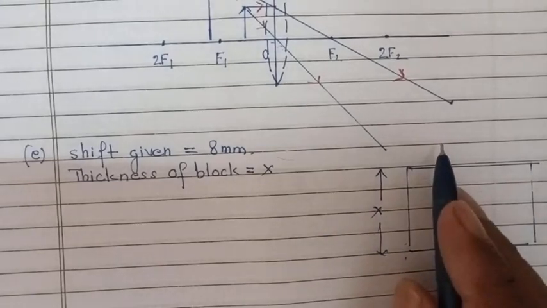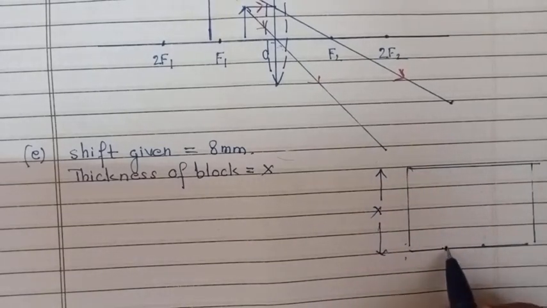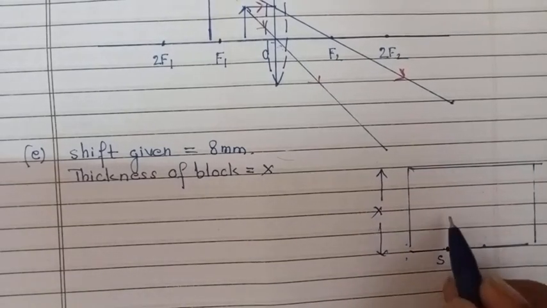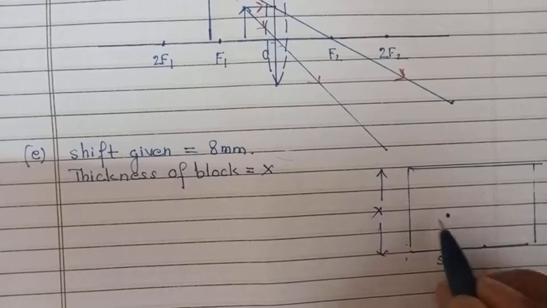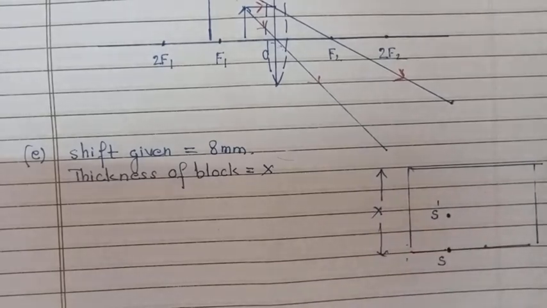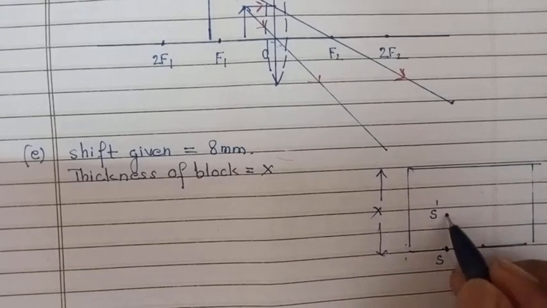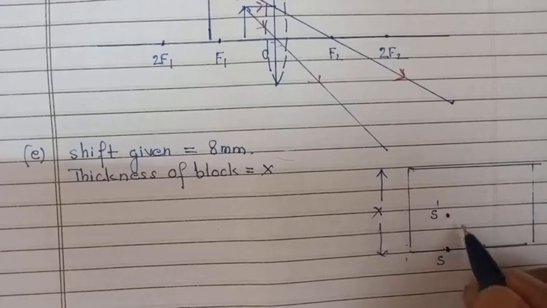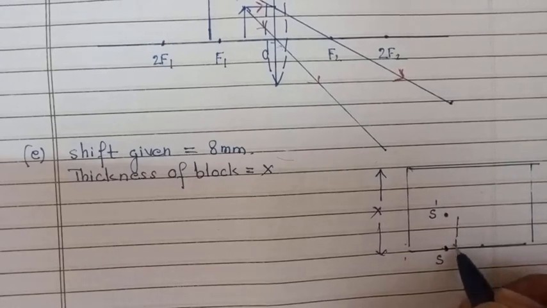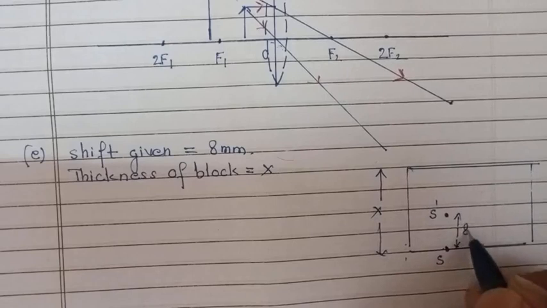Now the postage stamp is kept over here. When it is viewed from above, this stamp S appears to be at this point, S dash, that is the image. So the postage stamp appears to be raised. This portion will be known as shift, and it is 8 millimeter.